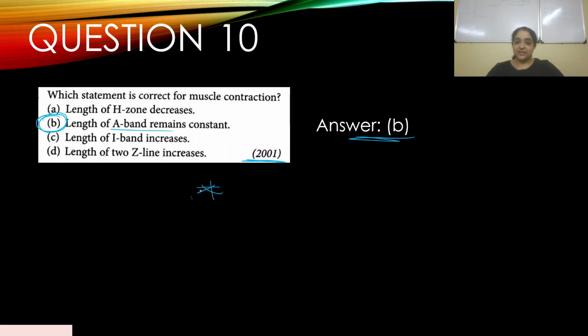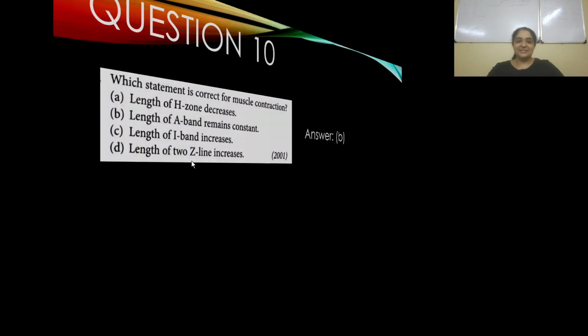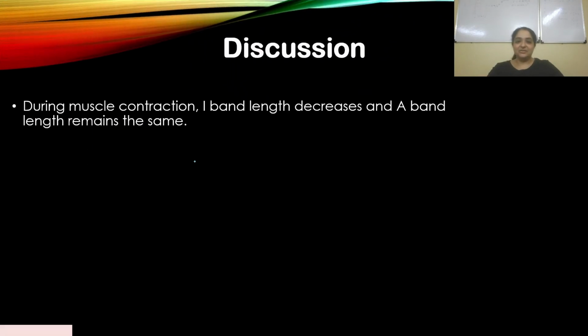Like I already said, this is a very important piece of information to remember. There are a few questions, 2 or 3, I'm not sure, that are related to this particular piece of information, so I would suggest you remember this. During muscle contraction, I band length decreases. A band length remains the same.